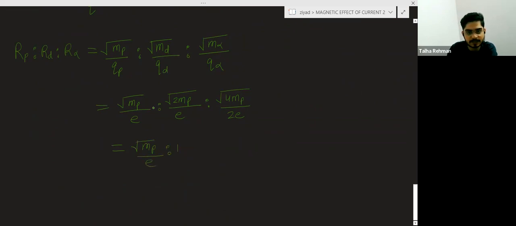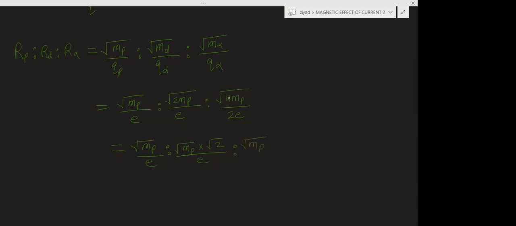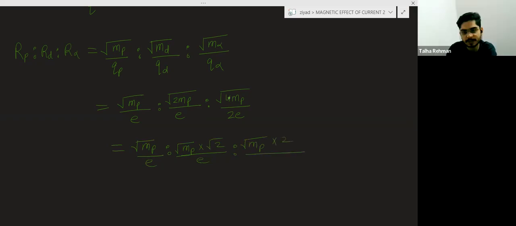You can write this as mp multiplied by root 2 divided by e. You can write this, under root of 4 will become 2, mp into 2 and here is 2.